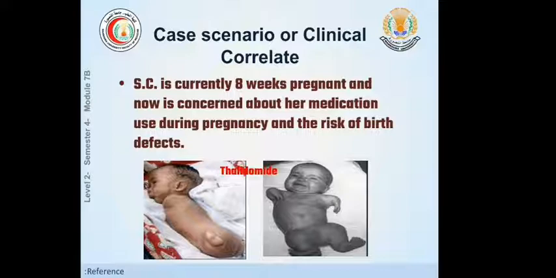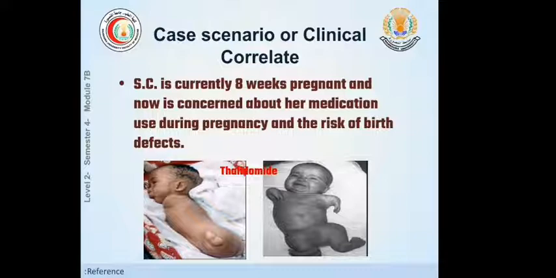She takes some medication for some disease, and now she is pregnant, and she is asking the doctor about the use of her medication during pregnancy and the possibility of birth defects. So we must know the teratogenic potentials of any drugs used during pregnancy and the critical periods of exposure.